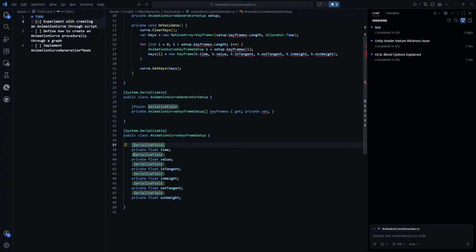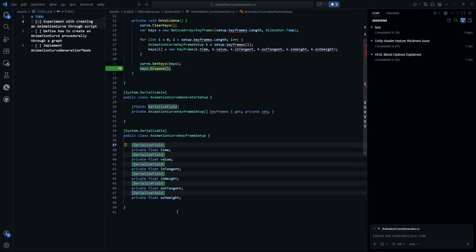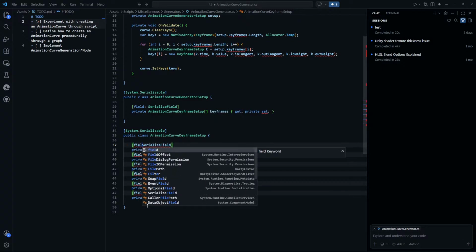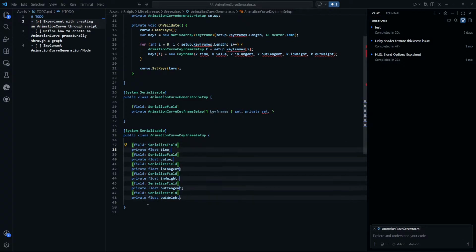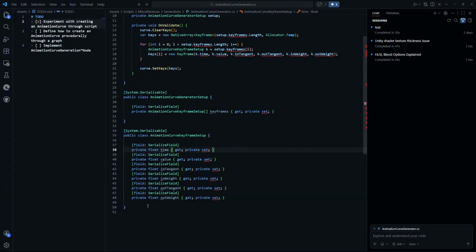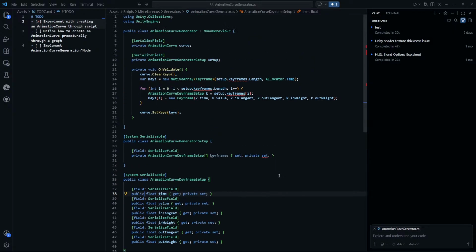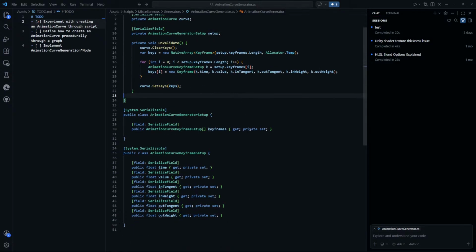Yes, and then we want to do field. Okay, something like this. Then we create the keys like this. Then we set the keys, okay?